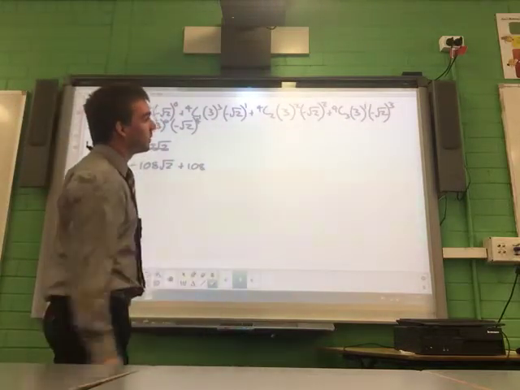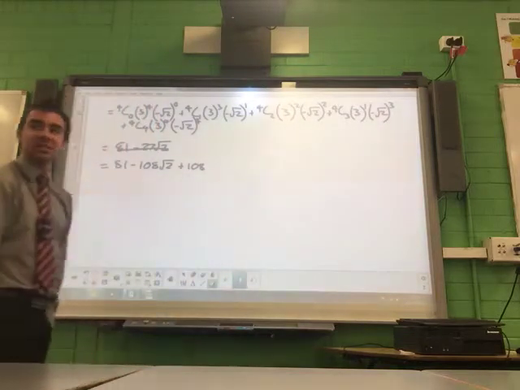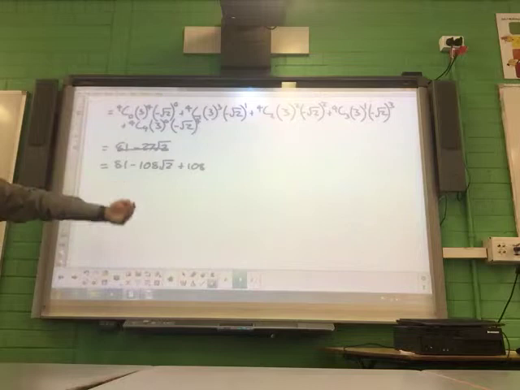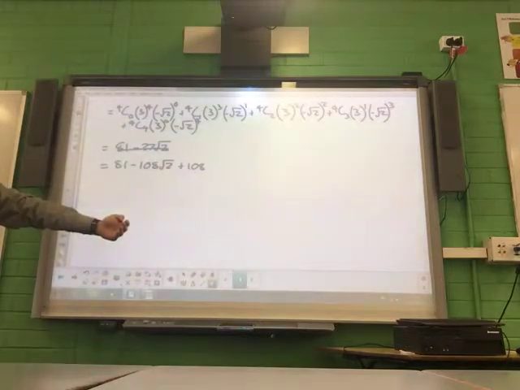Now we have 4C3, which is 1, 4, 6, symmetry. In the expansion of a binomial to the power of 4, how many terms do you have? n plus 1, which is 5.